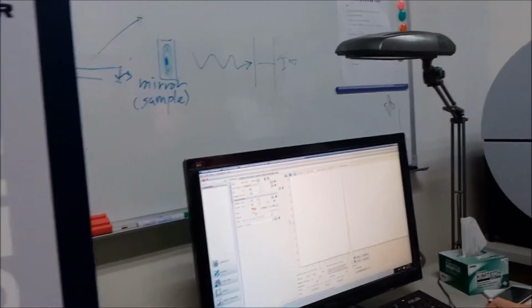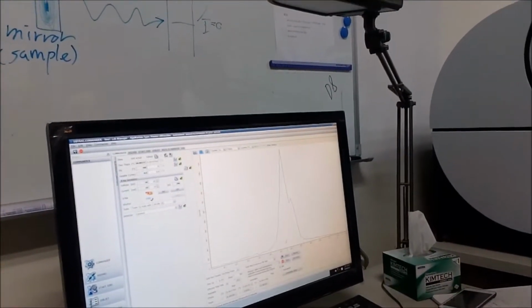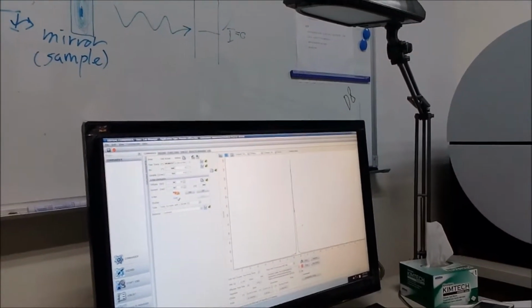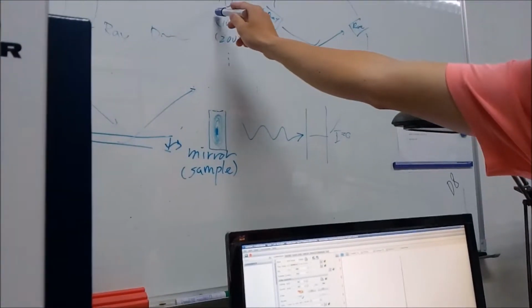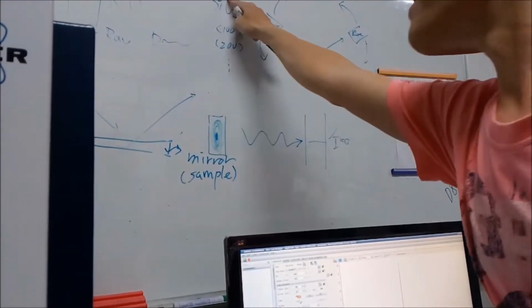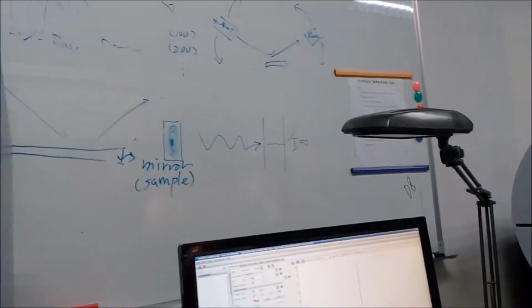You can see the very sharp peak between 28 and 28.5 degrees, which is the 100 crystal phase of the silicon. I just use silicon.